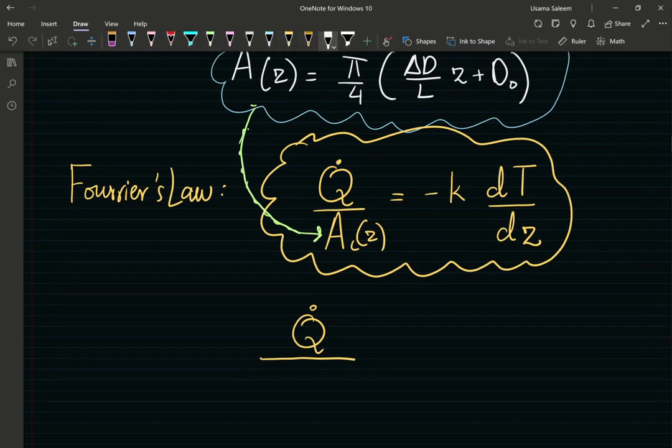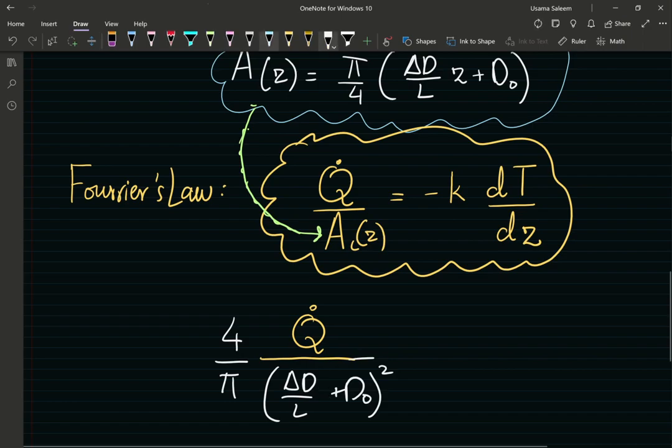After doing some algebra, I'll get 4 over pi times the expression itself, delta d over L z plus d naught, squared. Let me highlight z in a different color. That's going to equal negative k times dT dz.